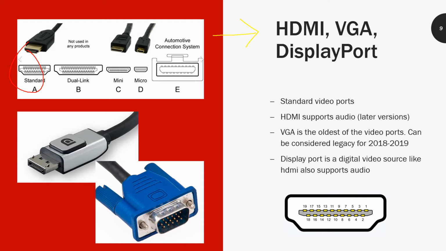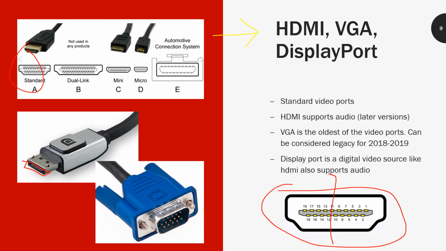So this is HDMI. It's a very symmetrical fit. DisplayPort is not symmetrical because it's kind of like this, and HDMI is symmetrical. So just remember that. You have dual link, which is not used in any products. This is pretty much experimental, I believe. And more pins probably means more bandwidth. You have the mini, which is smaller.